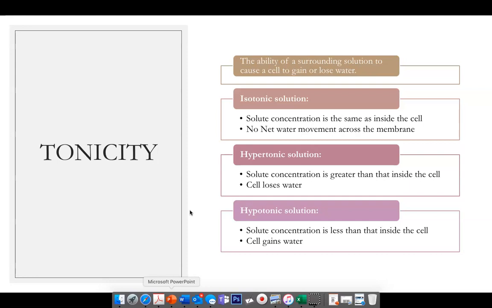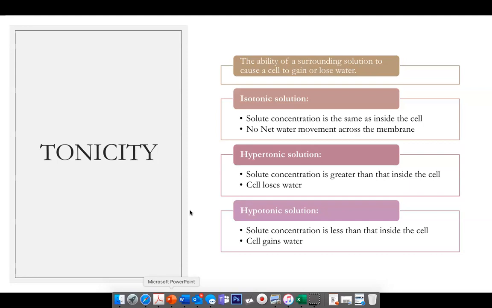A hypotonic solution. So if the environment contains a hypotonic solution, the solute concentration in the solution is less than what's inside of the cell.